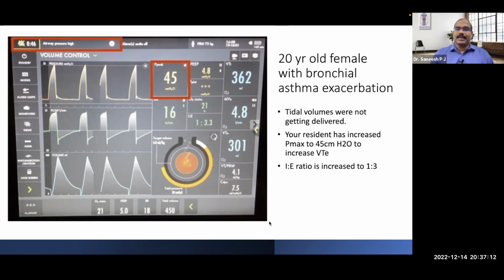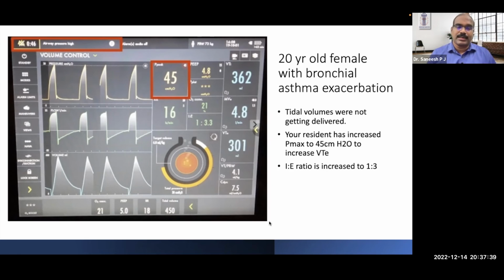The resident goes and increases the Pmax setting to 45 centimeters of water. And now the peak pressure is able to go up to 45 centimeters of water and show a tidal volume of 362. And the resident also increased the IE ratio to 1:3. Would you agree to this management, and what is the logic?